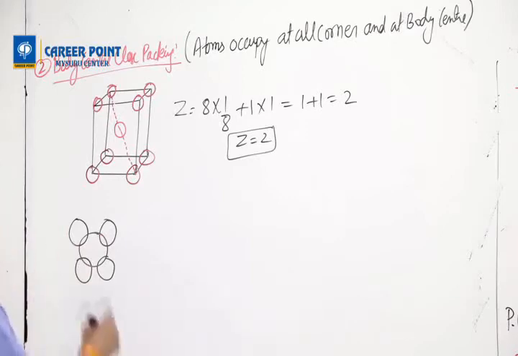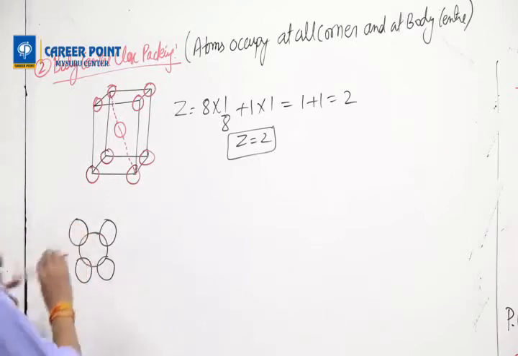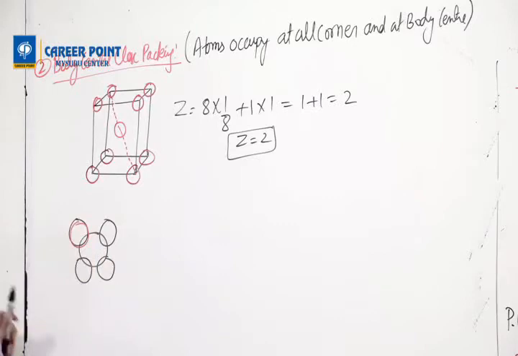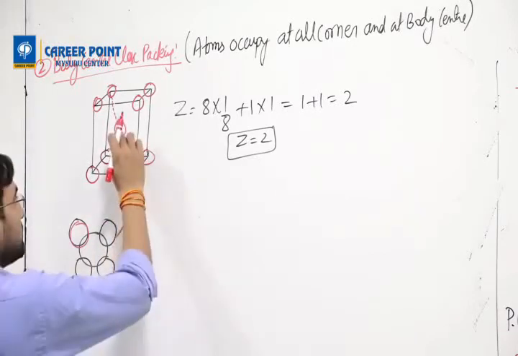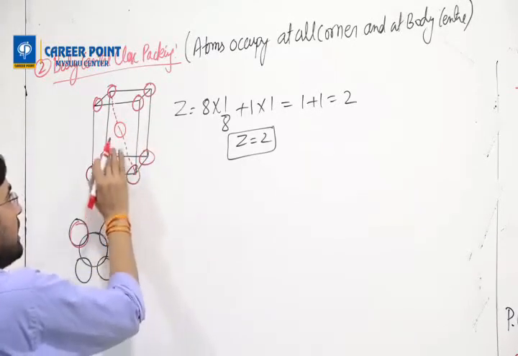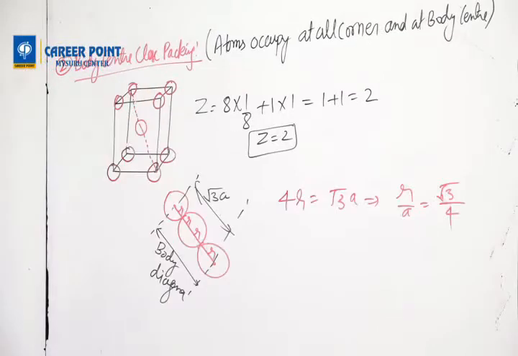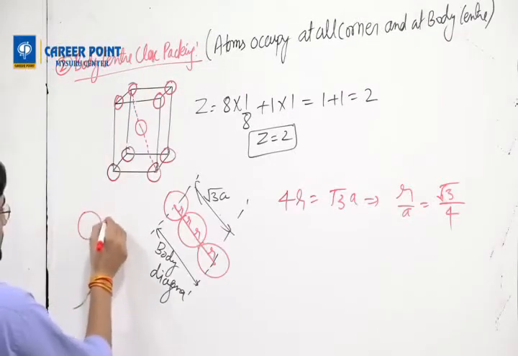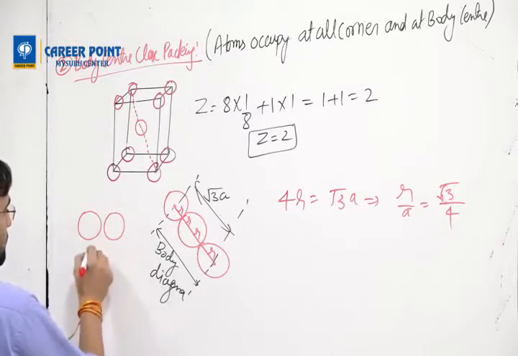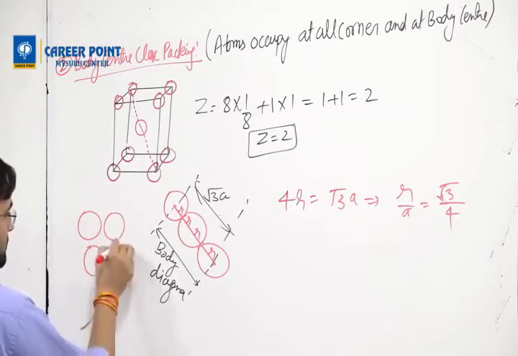Then we have a sixth ball here. This ball is on top of these four, and then these four are on the top. So there are four atoms.